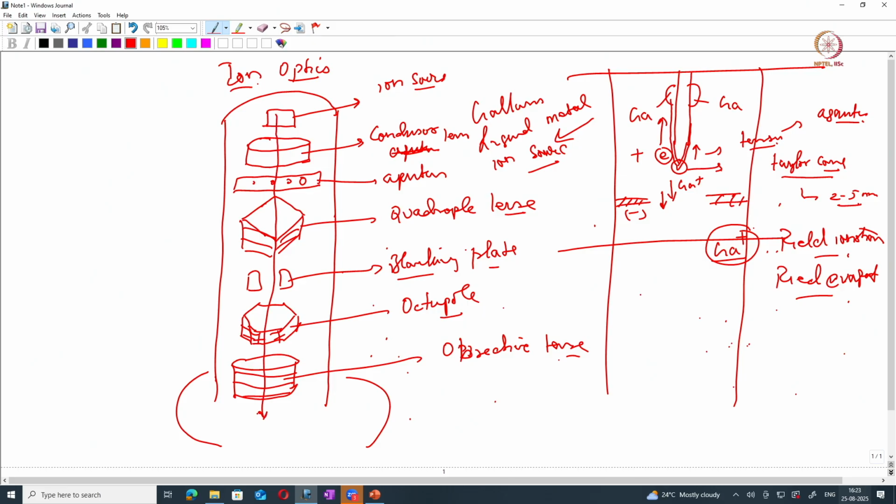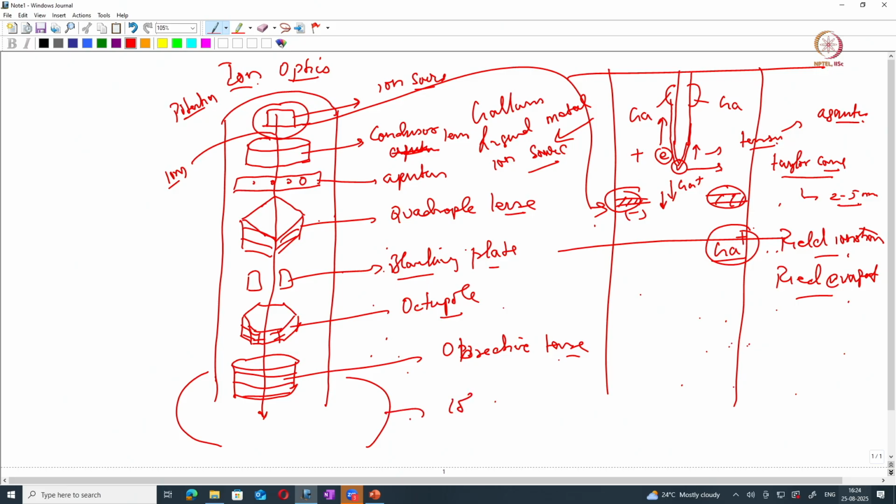towards the bottom of the column. These are the flight path of the ions, which are accelerated through the difference in potential. If you zoom into this part, you will have a source with these extractor plates. Due to the potential difference, these gallium plus ions get accelerated down the column.